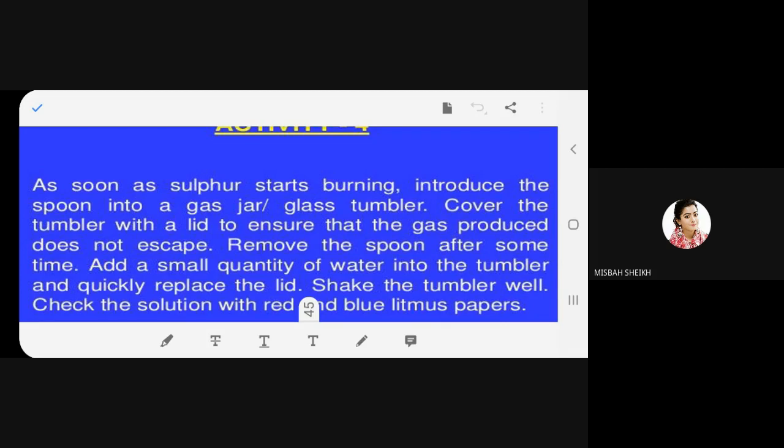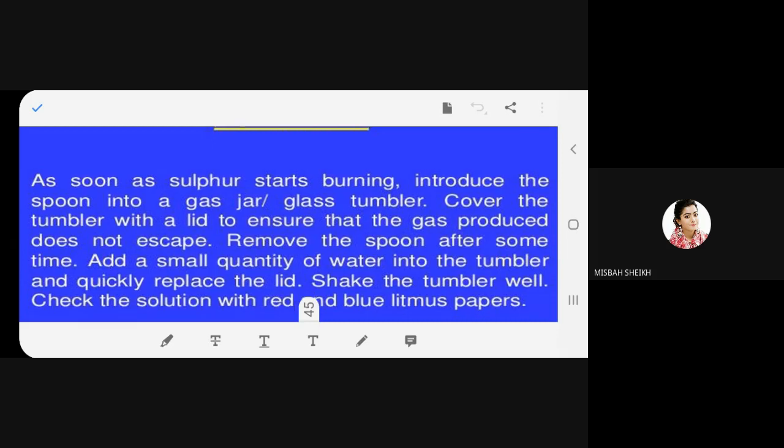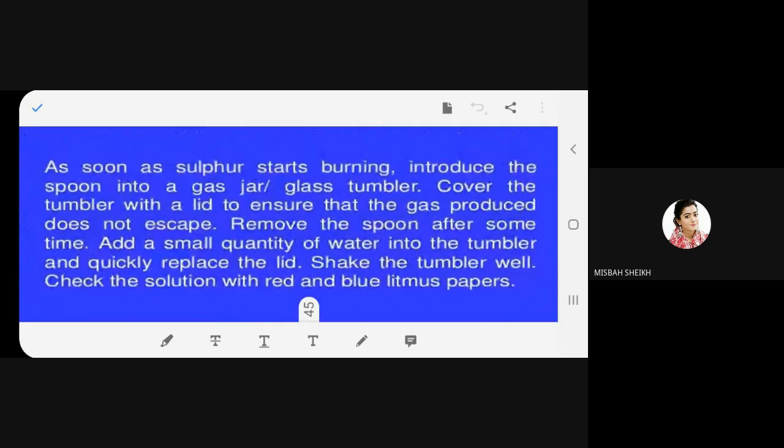Cover the tumbler with a lid to ensure that the gas produced does not escape. Remove the spoon after some time. Add a small quantity of water into the tumbler and quickly replace the lid. Shake the tumbler well. Check the solution with red and blue litmus papers.